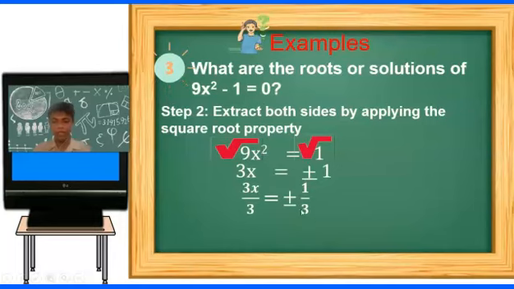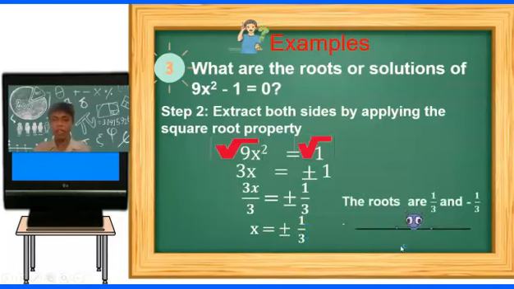Then, tignan mo naman sa right side, is it possible to divide 1 over 3? If possible, simplify natin. If not, yun na yung magiging sagot natin. So, the values of x are x is equal to positive and negative 1 over 3. So, the roots are 1/3 and negative 1/3.